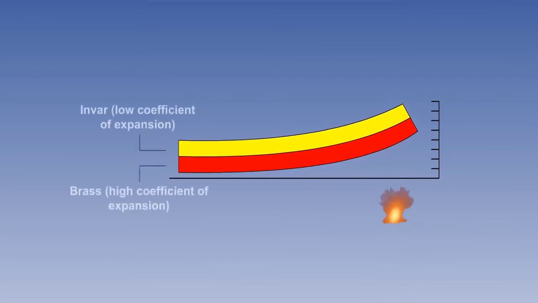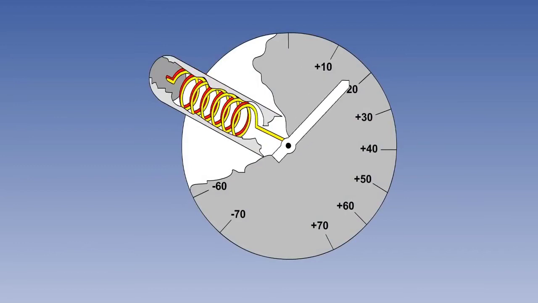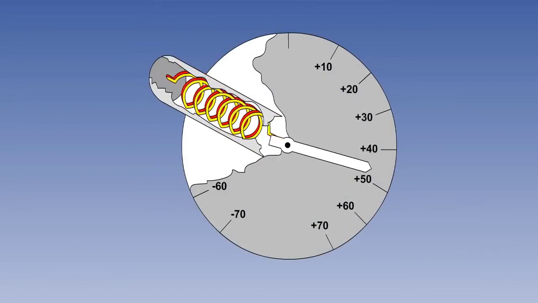The metals bonded together are often invar and brass. Invar is a specially developed steel with a low coefficient of expansion. Brass, on the other hand, has a higher coefficient of expansion. If the bimetallic strip is now wound into a coil or helix, and one end is held fast, then any temperature change will cause the helix to rotate.